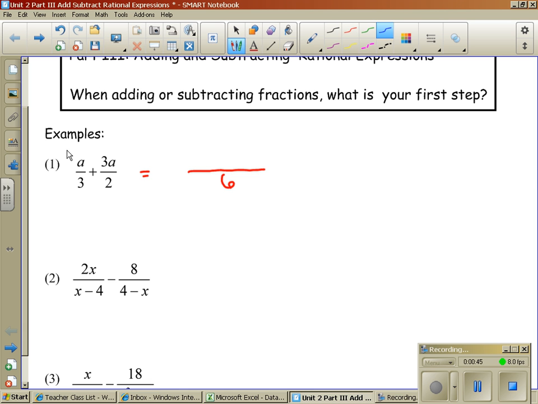The answer is 2, so we need to multiply this side by 2. 2 times what is 6? 3, so this side needs to be multiplied by 3. So we have 2 times a and 3a times 3, and we can combine like terms and get 11a over 6.